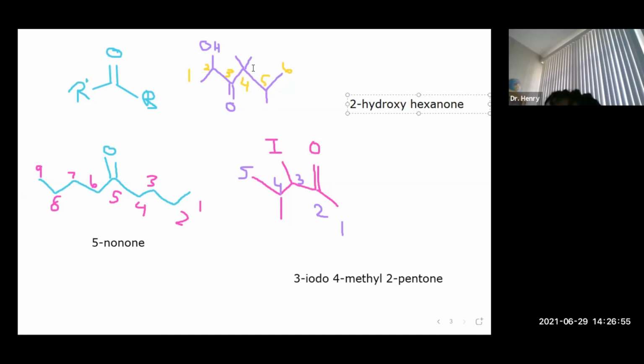So 2-hydroxy. Yes, that's the O-N-E, right? And then a 3 in front. Yes, we need to put a 3 in front of it.